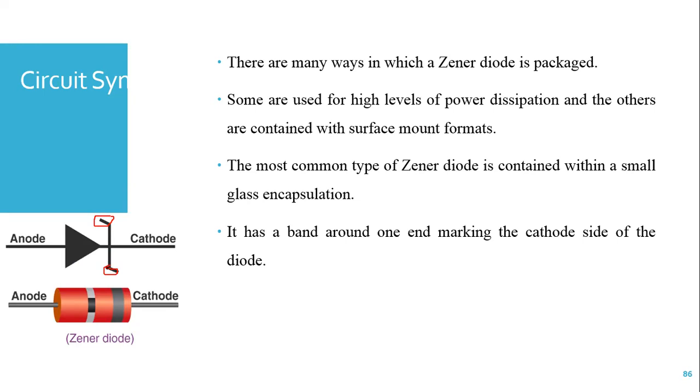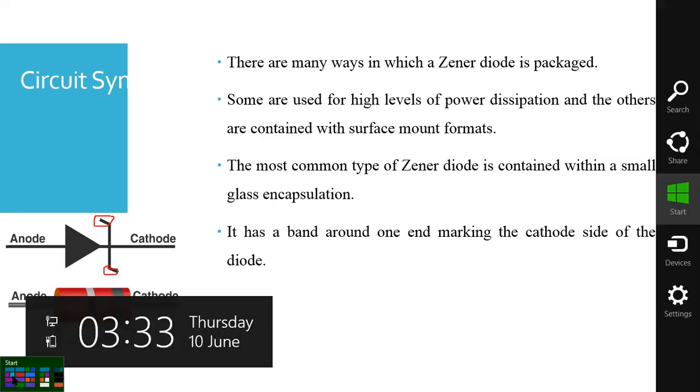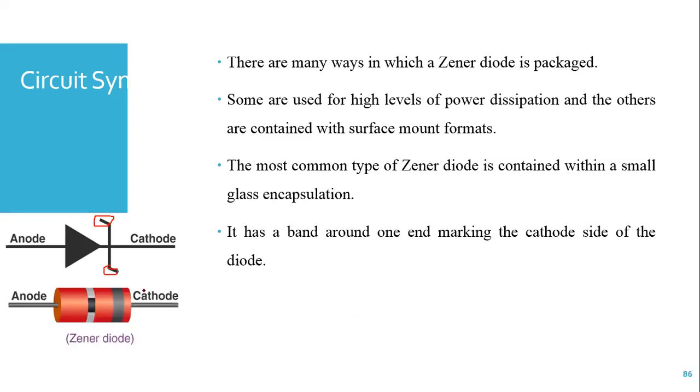It has a band around one end marking the cathode side of the diode, and the other is the anode. So this is anode and this vertical line shows the cathode terminal. Practically you can see this type of strip, from which you can identify that this terminal is cathode.